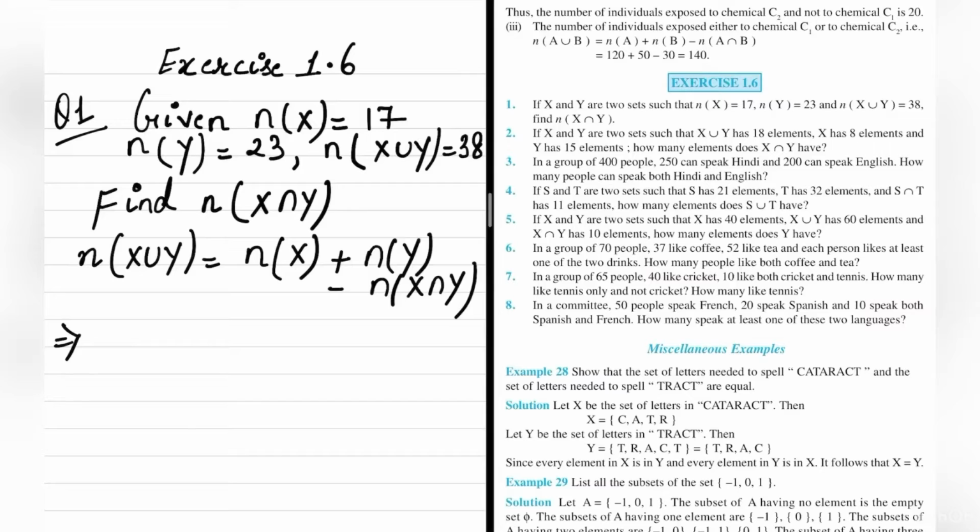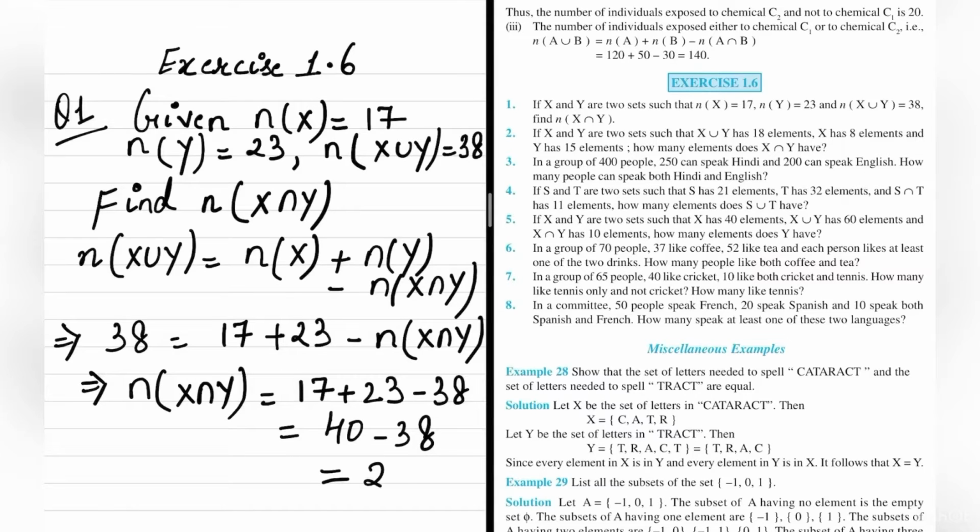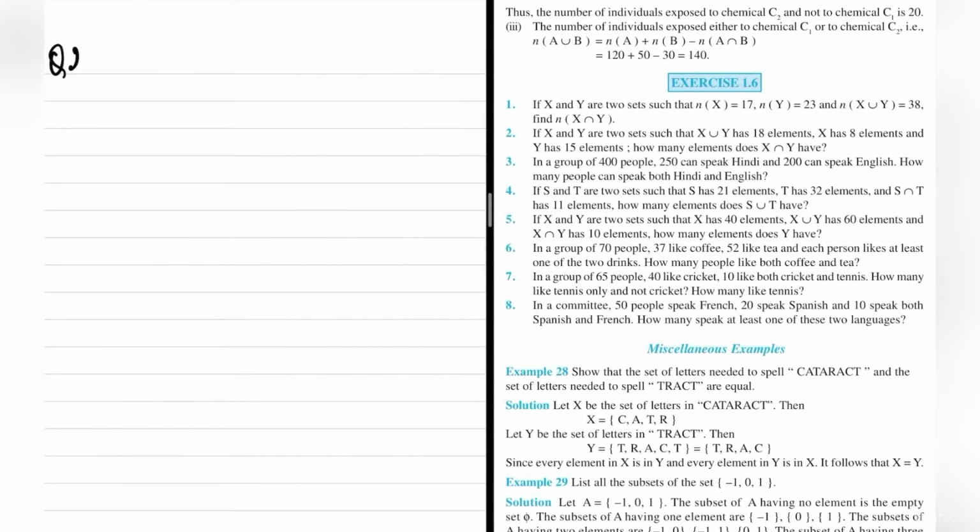So this implies 38 is equal to 17 plus 23 minus this, and this implies n of x intersection y is 17 plus 23 minus 38. So 17 plus 23 is 40. So 40 minus 38 is 2. So the answer is 2.